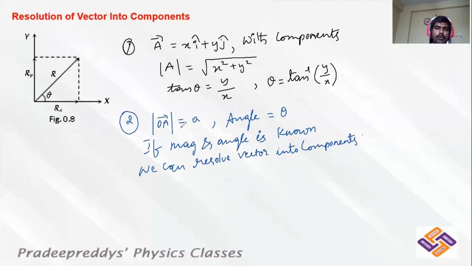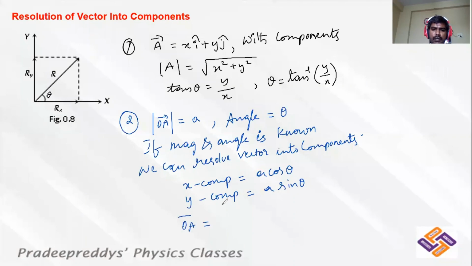So how do you write x component? X component is generally the adjacent side, so x component is equal to A cos theta. Y component is generally the opposite side, it is A sin theta. So I can now resolve this vector as OA bar, which is equal to A cos theta I cap plus A sin theta j cap.